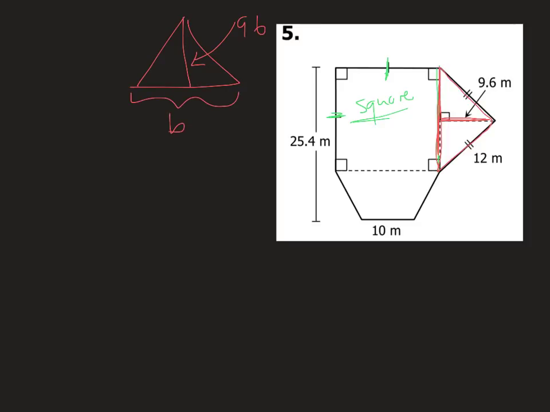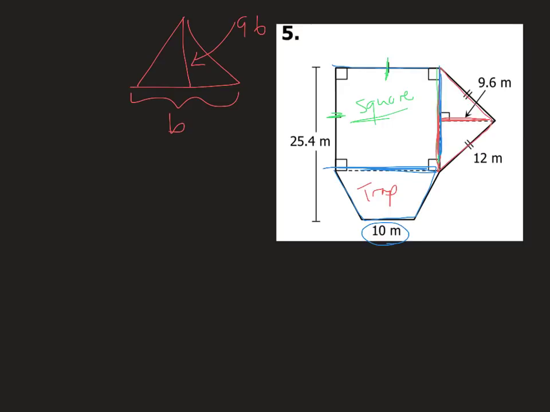Down at the bottom, I got myself a trapezoid. Let's go ahead, we'll talk about the trapezoid in blue. Base 1, 10. What's the other base? Again, I wish I knew the length of that side of the square. So how do we get this base?